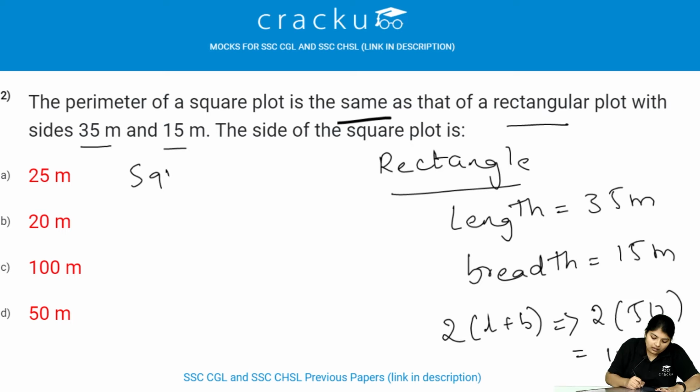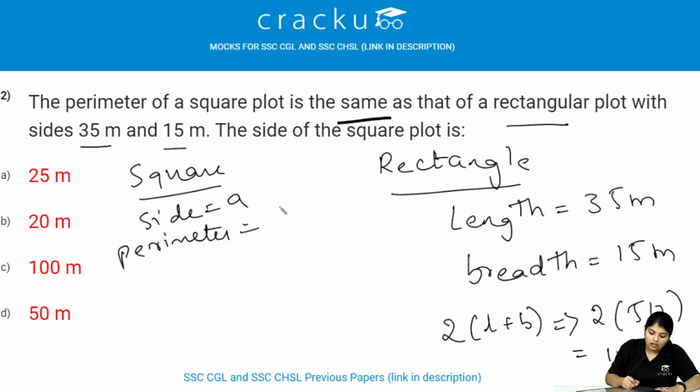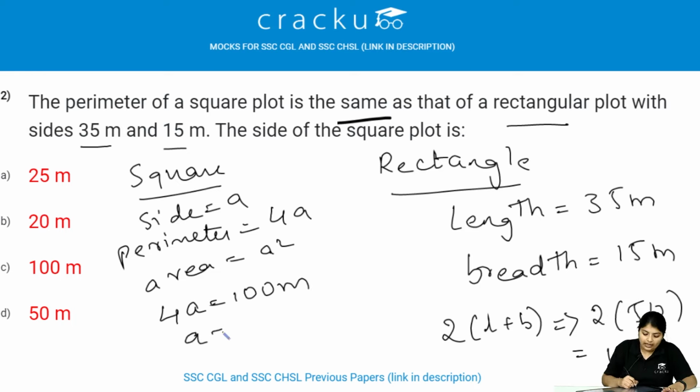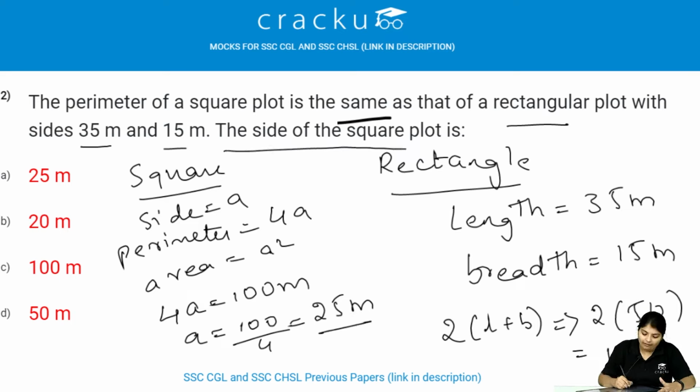Let's say the side of the square is A. The perimeter is 4A and the area is A square. Now 4A is equal to 100 meters according to the question. Therefore, A will be 100 by 4, that is 25 meters. The question is asking for the side of the square, that is 25 meters.